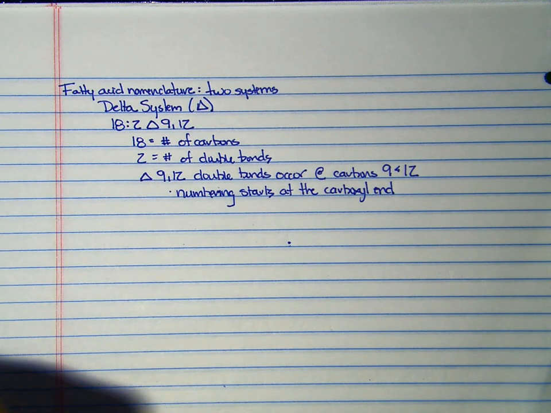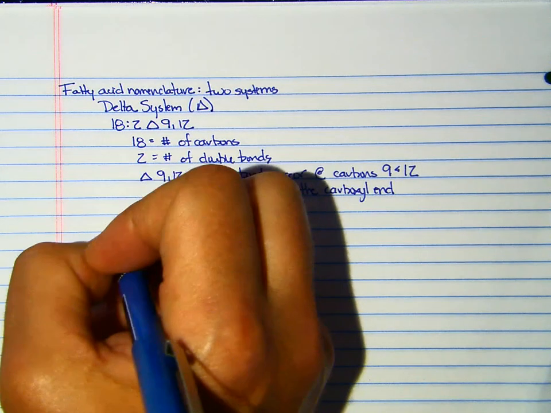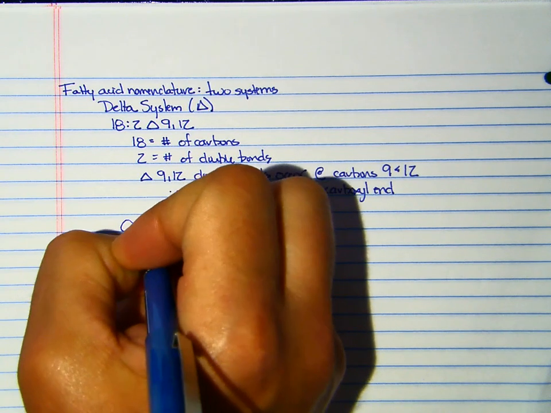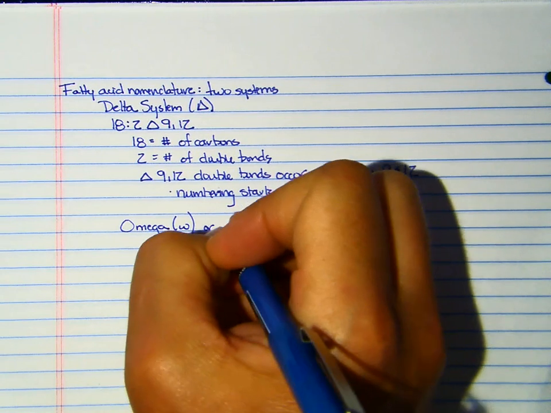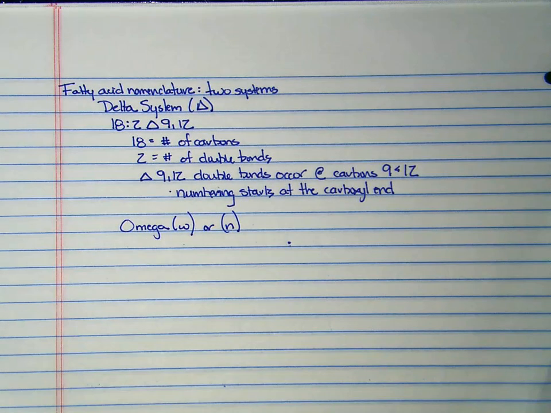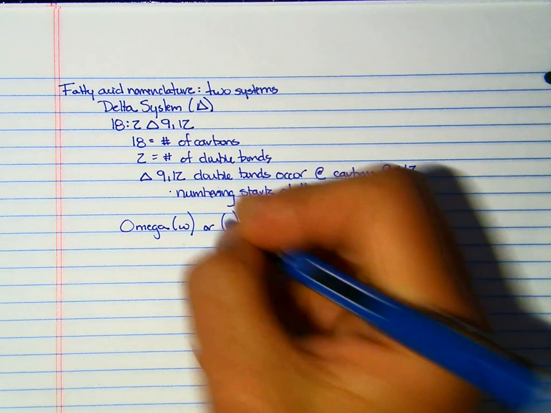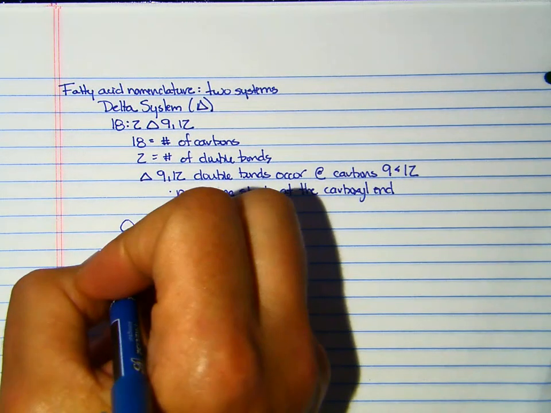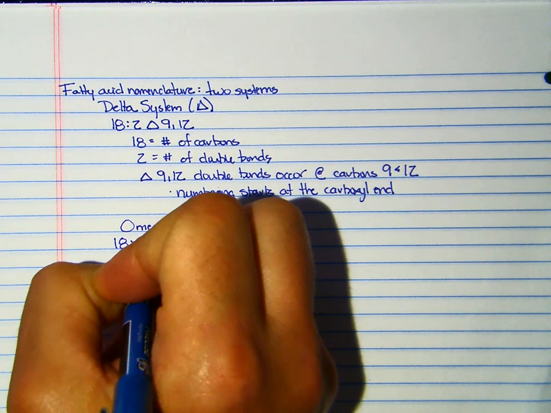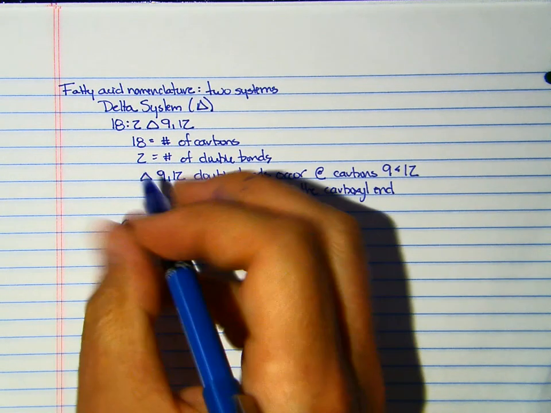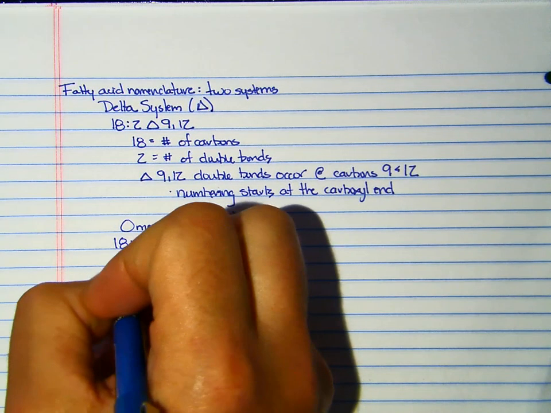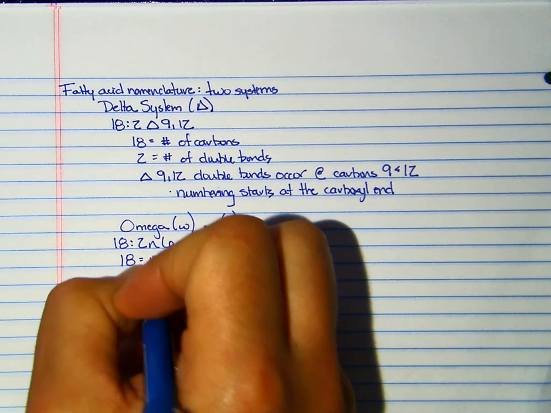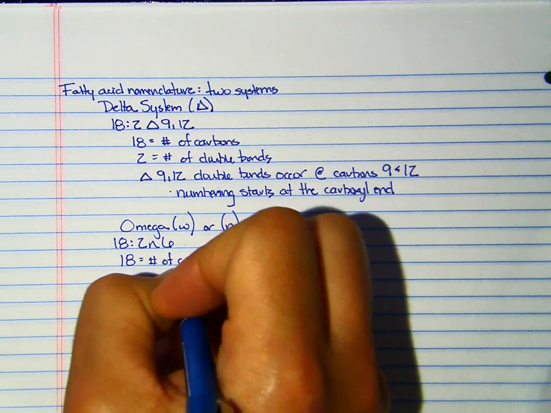Okay, the other system is the omega system, and so it looks like a W or an N. So those are the abbreviations we're going to use. This is like omega, and because nutritionists can't make the omega sign, we just use N. Okay, so we have the 18, we have a 2, and then we have an N or omega 6. 18 equals the number of carbons again.